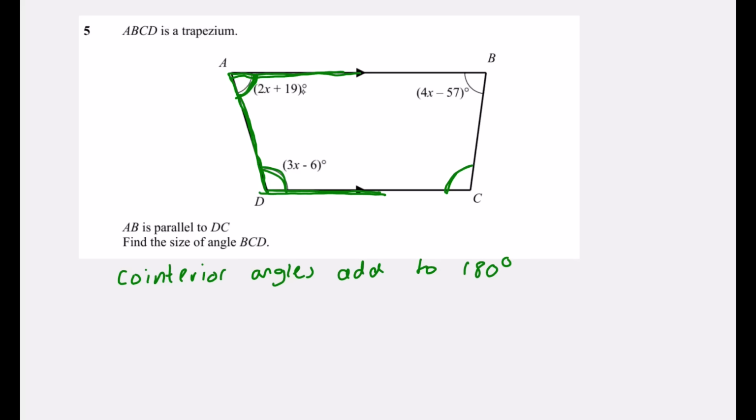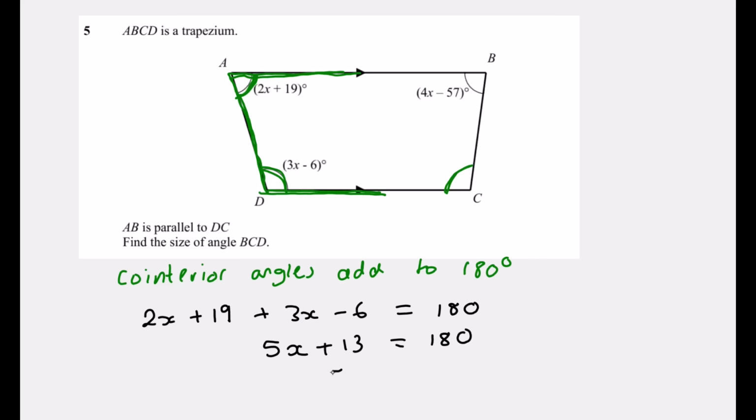So we know that 2x plus 19 plus 3x minus 6 must equal 180. So we can use that to find out what x is, and that will mean we can find the missing angle. So 2x plus 3x is 5x. 19 take away 6 is 13.